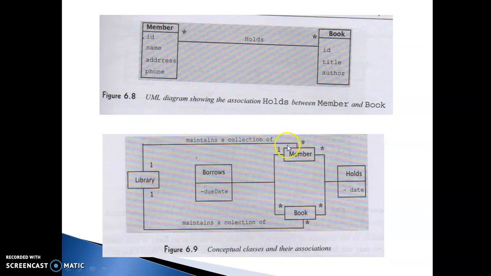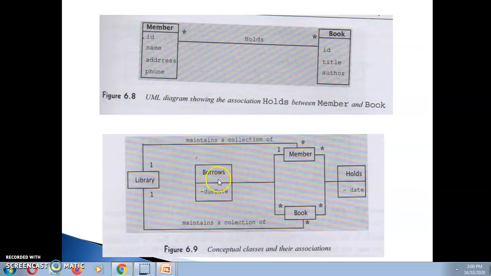Library maintains a collection of members, so that's why over here there is a star. Library maintains a collection of members. And next, member holds or borrows certain books, and that's why this is an activity over here. This is an activity, and the due date will be specified whenever a member borrows a book.